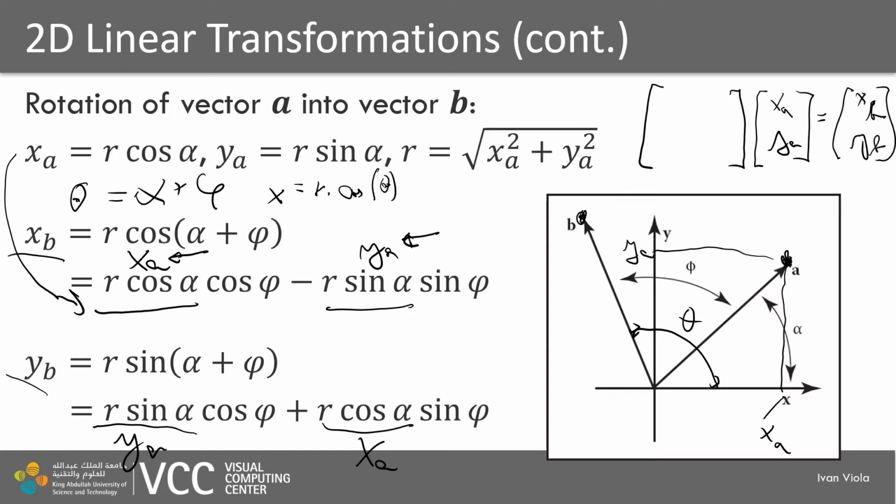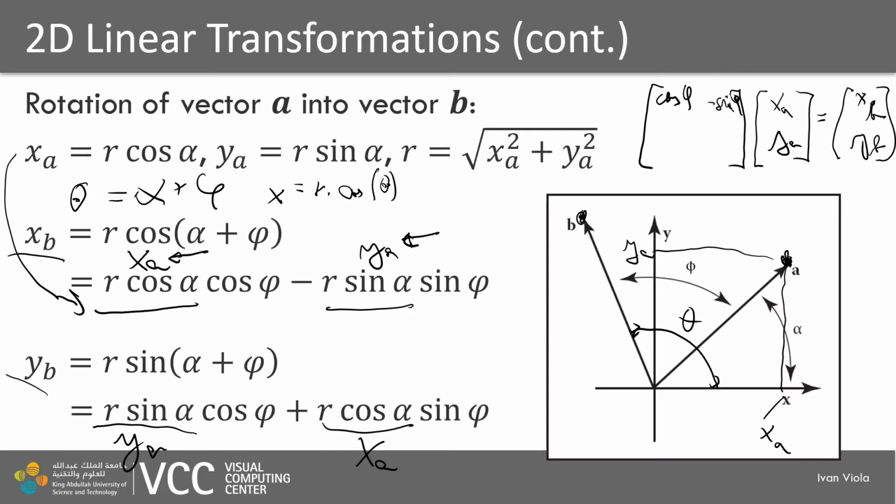So what do we need to multiply in order to get the xb? What do we need to multiply xa and ya with? Well, for xb, we need to multiply the x with cosine phi. So here will be cosine phi. And here we multiply it with minus sine phi.